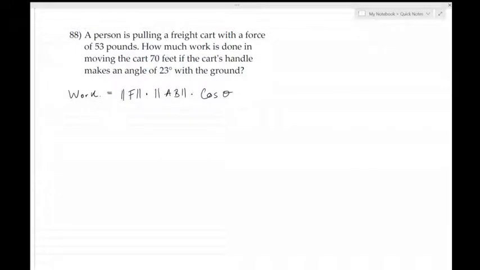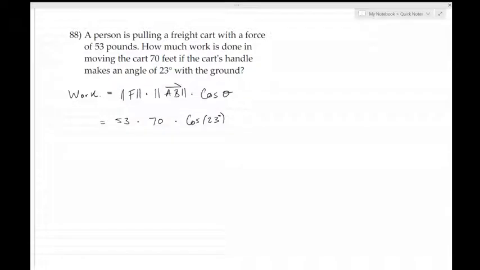So in this problem, we're given a force of 53 pounds times the distance. Well, the distance is between point A and point B, so 70 feet is given as the distance that we're moving it. And then we're told that it makes an angle of 23 degrees with the ground, so cosine of 23 degrees.